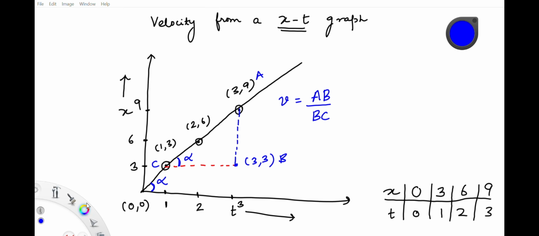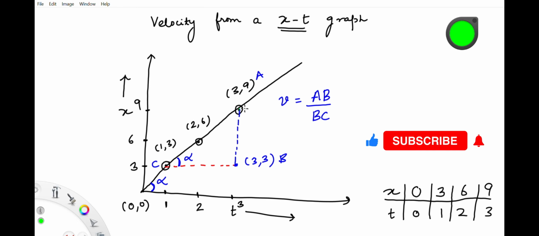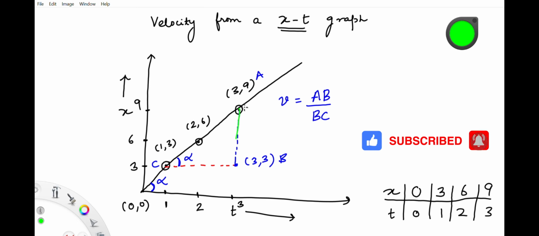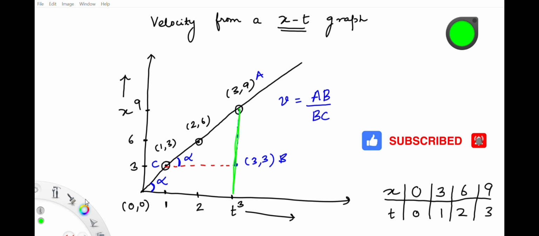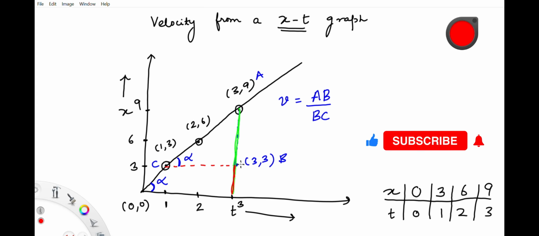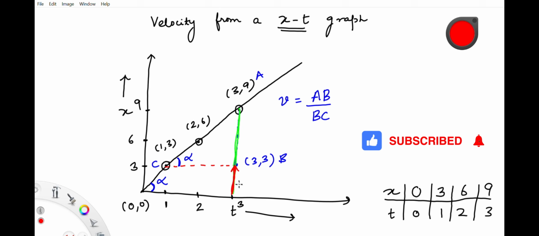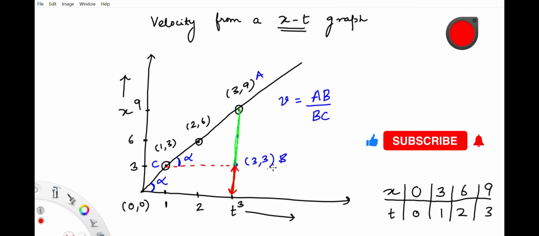Now, if I want to find out AB, I have to basically do this simple exercise. I have to find out the length of this green line first, and then subtract this short red line from the green line, right?